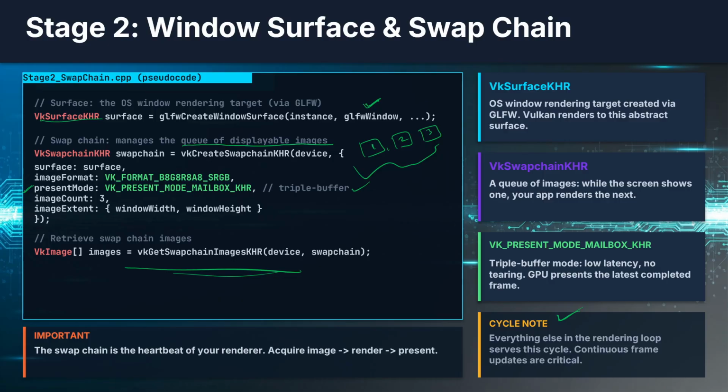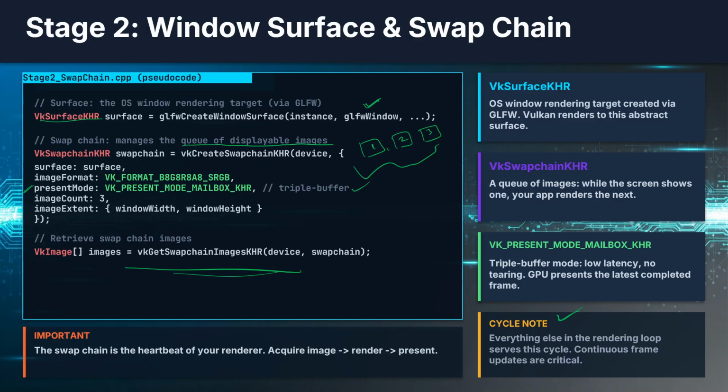So I would say that you are actually not rendering anything to the screen. What you are rendering is everything to the swap chains, okay, or more specifically you are rendering everything to the swap chain images. Now this is a new jargon, and from now onwards you will see that I'll be continuously using this term called swap chain images.